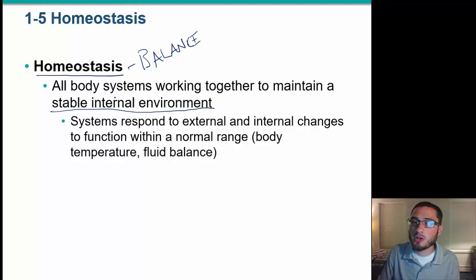And I always talk about temperature as a great example. Yeah, you might feel really cold outside, it might be 20 degrees, but your body's not going to let you get too cold. Yeah, we're supposed to be 98.6 degrees. You might go down to 97, maybe 96 degrees. That's not going to be the end of the world. But your internal temperature is never going to get down to 60 degrees.